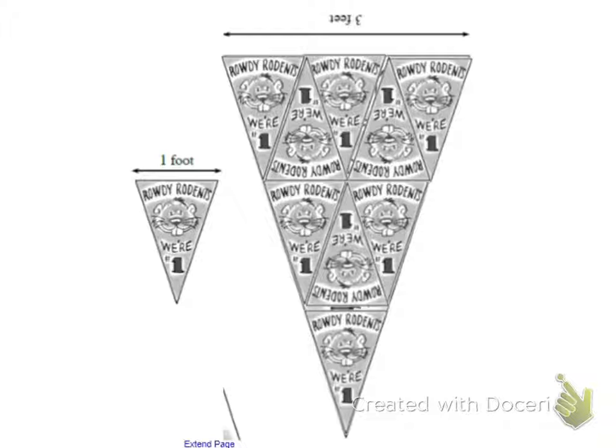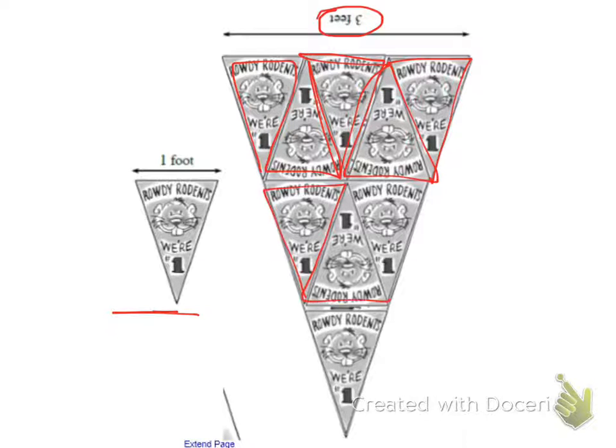This one's not quite as neat, but you'll get the general idea. So there was our original flag, and I've put that original flag within the 3-foot version. Yes, it's upside down. And we just want to count up how many that was. So we've got 1, 2, 3, 4, 5, 6, 7, 8, 9.